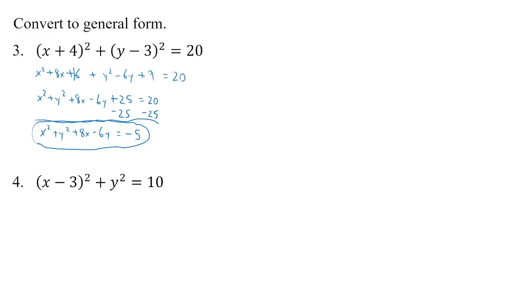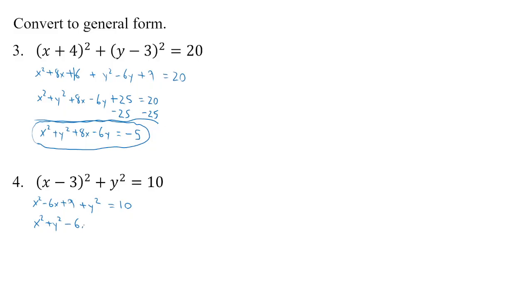All right, number 4, we're going to have x squared minus 6x plus 9 plus y squared equal 10. So what we do is we put x squared and y squared next to each other.